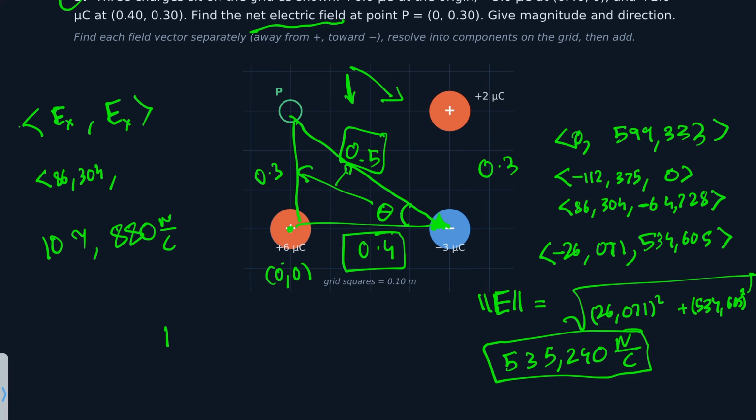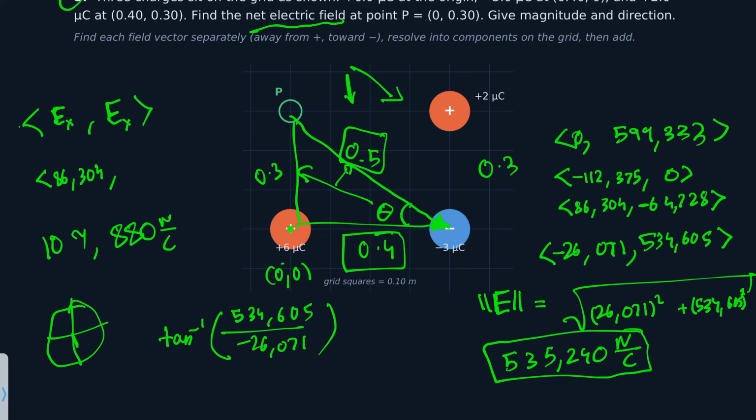And the direction is just the arctangent of the y, 534,605, over negative 26,071. Plugging that in, you're going to get a value that locates you over here, because arctangent works like that, but your actual value is supposed to be over here.